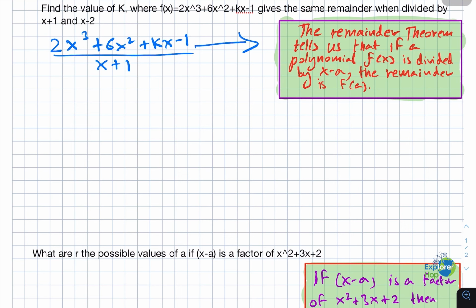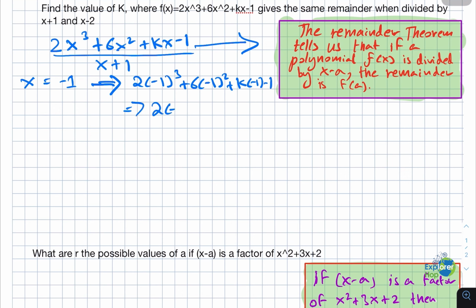Now we will use this remainder theorem, so we can plug x equals minus 1 into our equation, and we'll get 2 times minus 1 cubed plus 6 times minus 1 squared plus k times minus 1 minus 1.